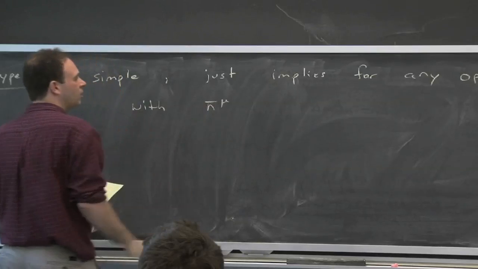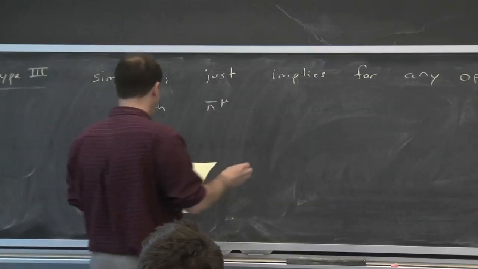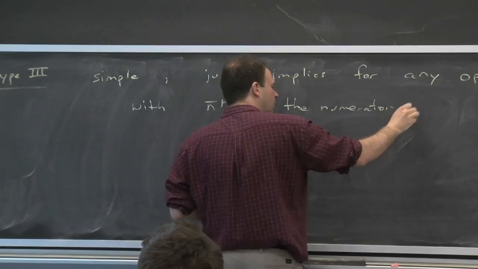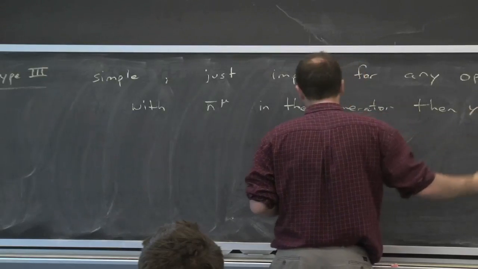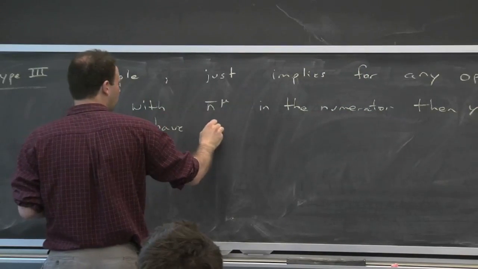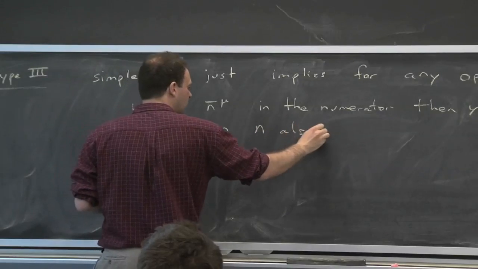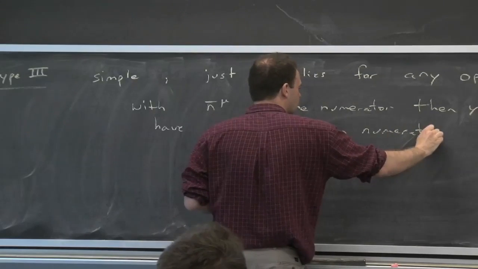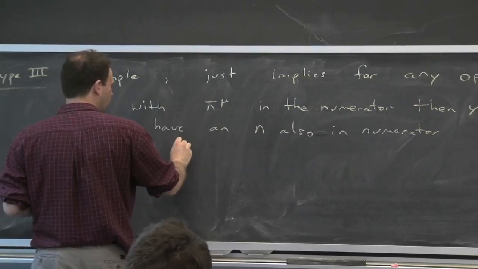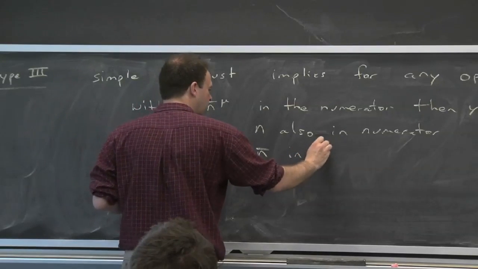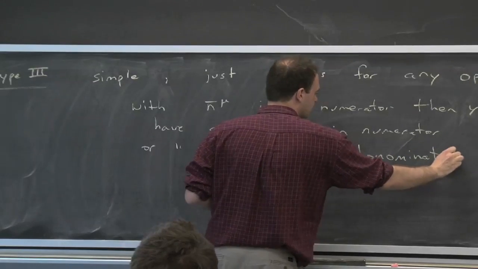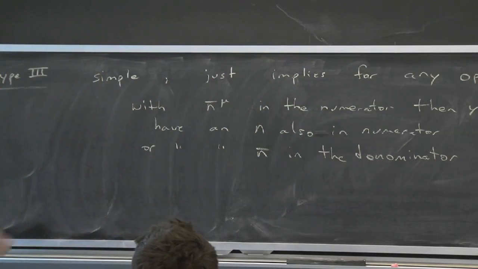If you have an n bar mu in the numerator, then you either have a corresponding n in the numerator, or you have an n bar in the denominator, since we could have n bars in the denominator. And that was showing up in some places. Those are the two possible ways of compensating for the transformation. So it's just like a simple counting that you have.